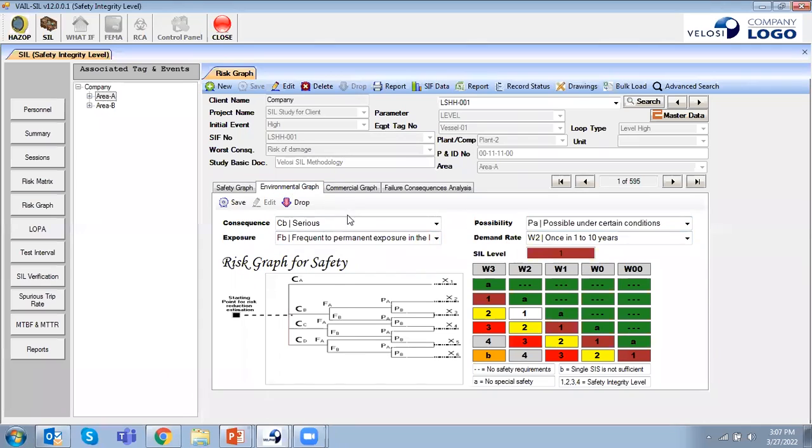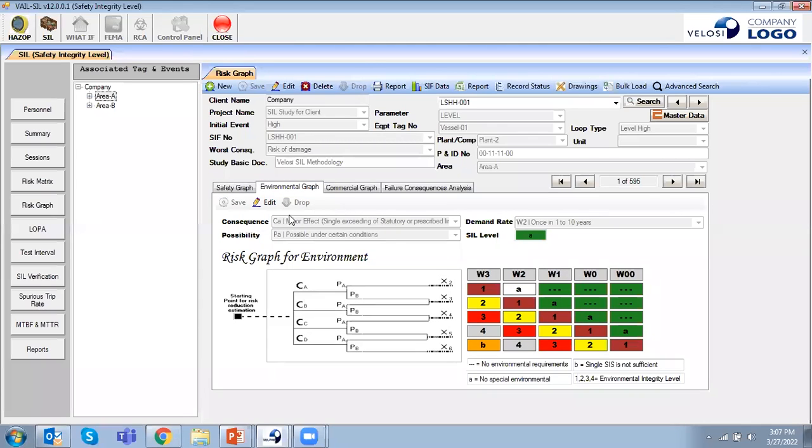For example, similarly for the commercial, there are 3 parameters. For example, we are saying that it will cause a minor effect, and the demand rate is also between 1 to 10 years, and we have enough number of safeguards, so no special requirement for SIL level, or we can say 0 or A. Or similarly, if we increase the severity of that consequence, SIL level will increase.